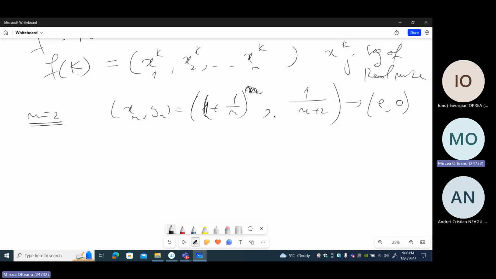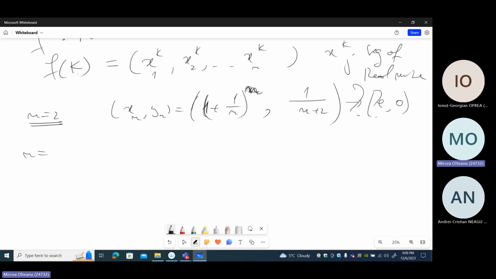Well, the answer is right, but it's curious because for the moment, we didn't define yet what a convergent sequence of vectors means. You understand? So we don't have a definition, but we can recognize if a sequence of vectors is convergent. This we will discuss later.